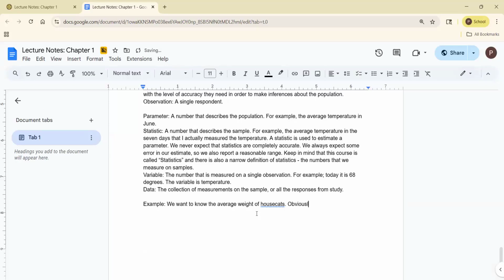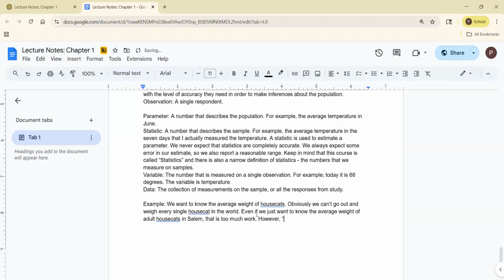Obviously, we can't go out and weigh every single house cat in the world, even if we just want to know the average weight of adult house cats in Salem. That is too much work. We're not going to be able to find the money or the time to pay someone to weigh every adult house cat in Salem.